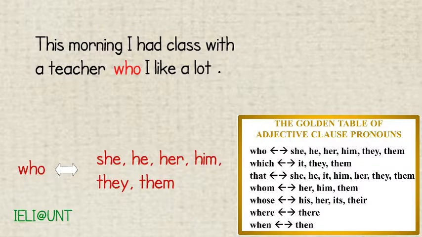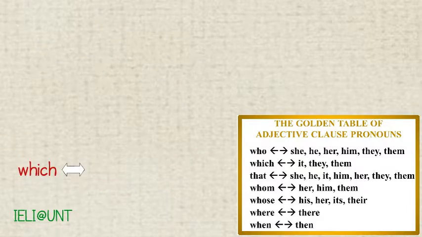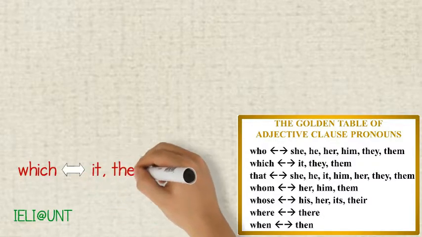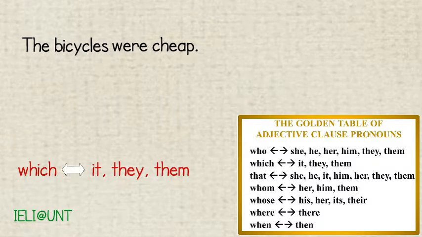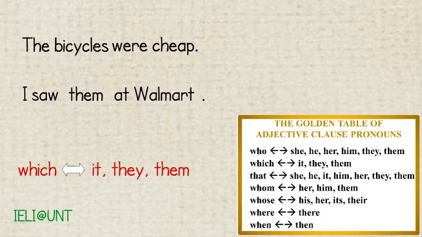Which works the same way as who, except that which is for things, not people. The basic pronouns connected with which are it, they, and them. Let's look at an example. The two sentences will be, "The bicycles were cheap," and "I saw them at Walmart."